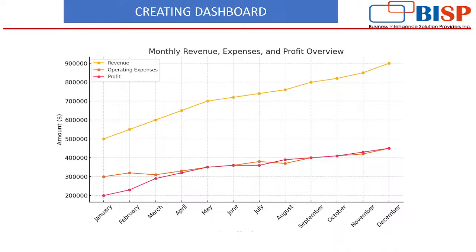Revenue, operating expenses and profit have all been distributed into different colored line graphs. The graph shows how these financial metrics change over the months, giving a clear visualization for your dashboard.